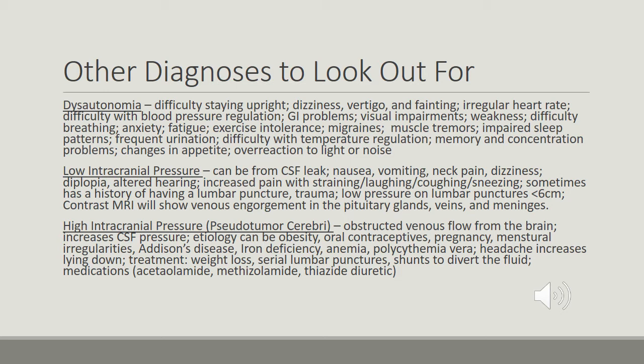Because as you can see, difficulty staying upright, dizziness, vertigo, fainting, irregular heart rate, difficulty with blood pressure regulation, GI problems, visual impairments, weakness, difficulty breathing, anxiety, fatigue, exercise intolerance, migraines, muscle tremors, impaired sleep patterns, frequent urination, difficulty with temperature regulation, memory and concentration problems, changes in appetite, overreaction to light or noise.